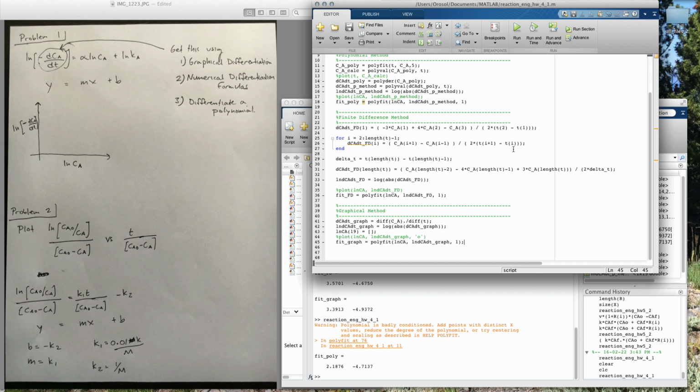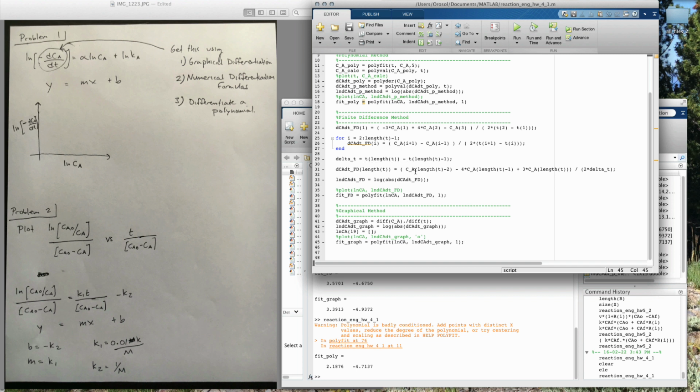But this data actually changes: for about half of it it's spaced by 10, and for about half of it it's spaced by 100. So that's why I put this in like that, and that's also why I recalculated delta t down here.